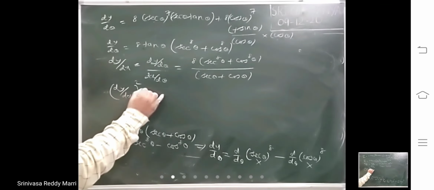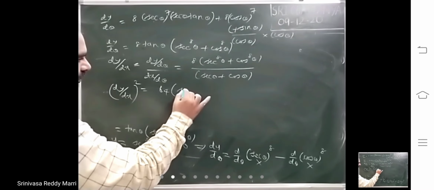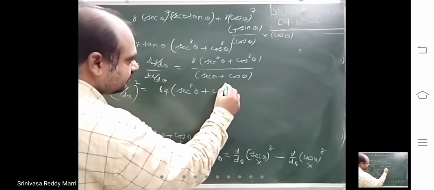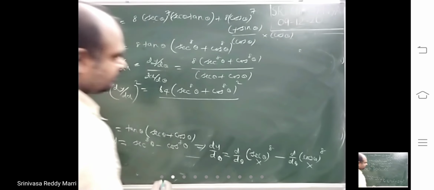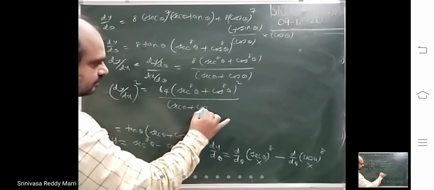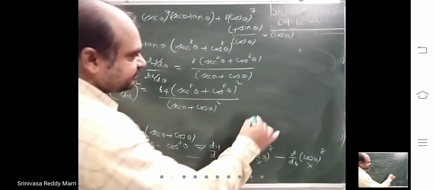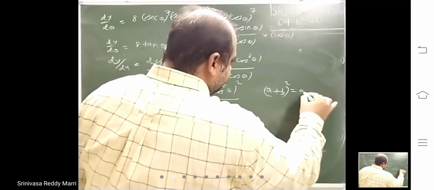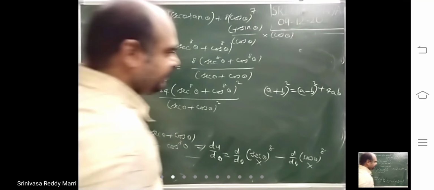Dy by dx whole square is nothing but 64 into this. This is like a plus b whole square. A plus b whole square can be written as a minus b whole square plus 4ab.